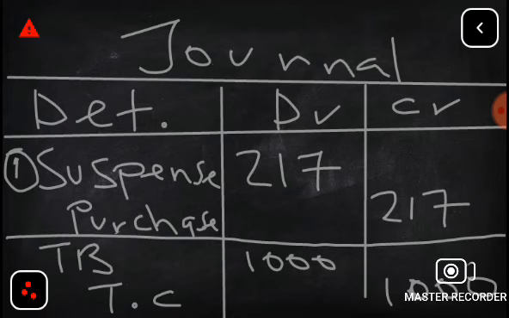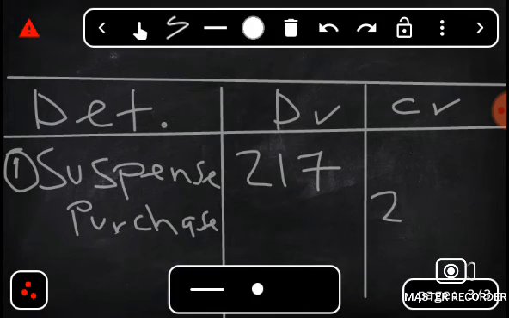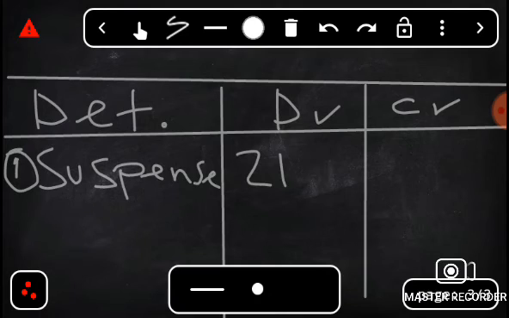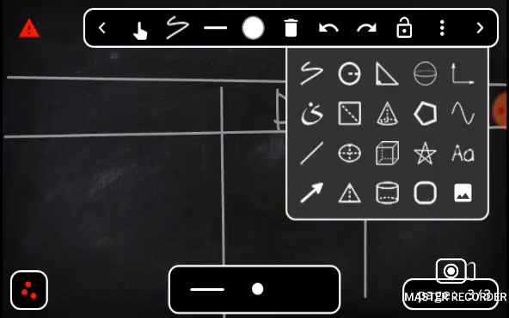After recording it in your journal, now you have to record transactions in your suspense account. One thing you must also know is that the suspense account must balance, but we shall do that later.